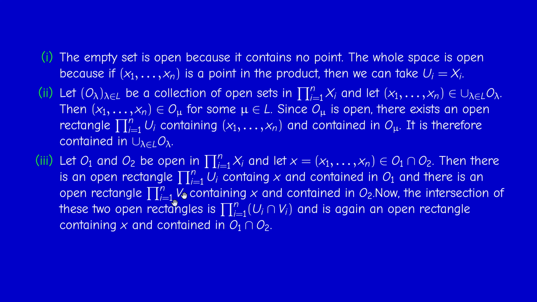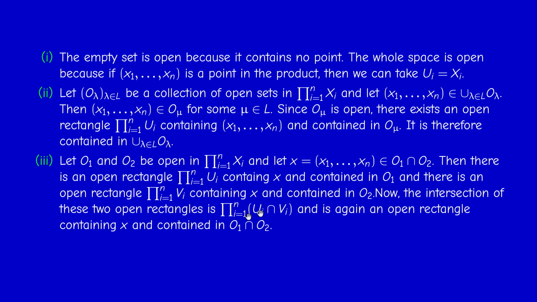Now, if you intersect these two, the product of Ui intersected with the product of Vi, simple set theory tells you that the intersection is again an open rectangle. The intersection of the products is the product of the intersections. It's straightforward, and you can actually see it geometrically: the intersection of two rectangles is a rectangle again, an open rectangle.